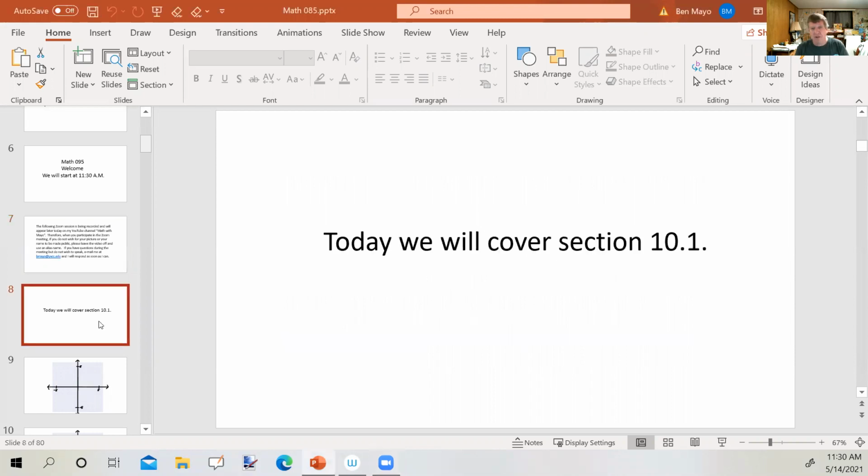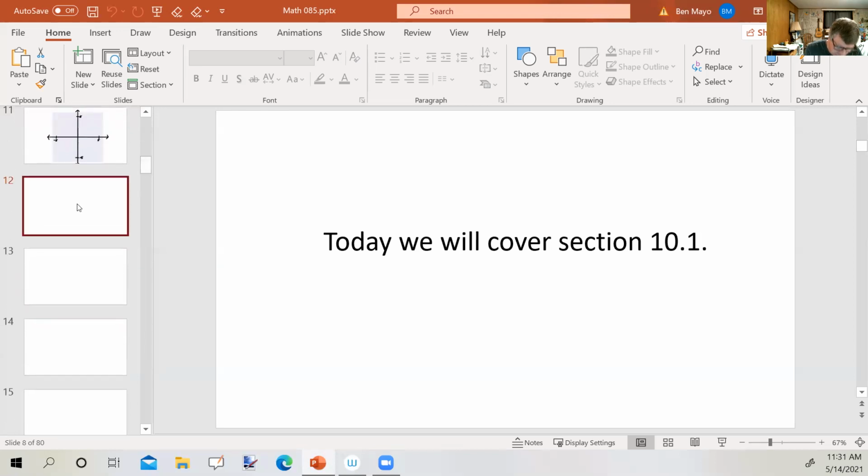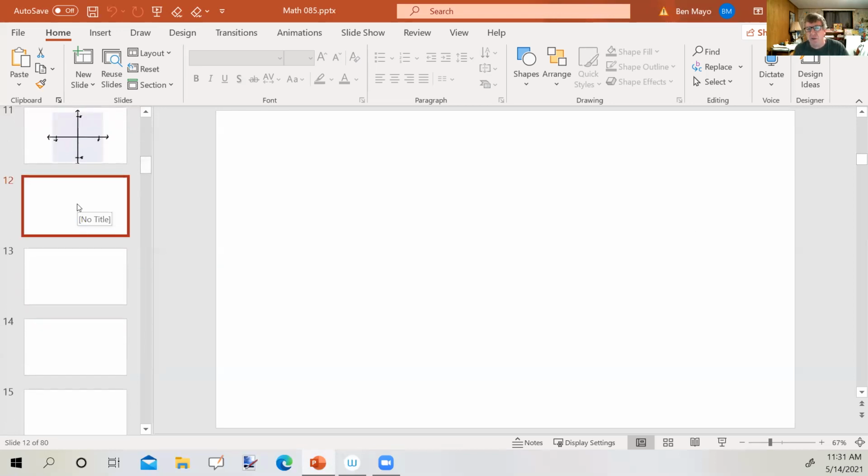All right, so today we're going to start chapter 10 and we're going to look at section 10.1. We're going to deal with something called the square root property and the process of completing the square. So back in chapter 6, we learned how to solve a second degree equation by factoring.